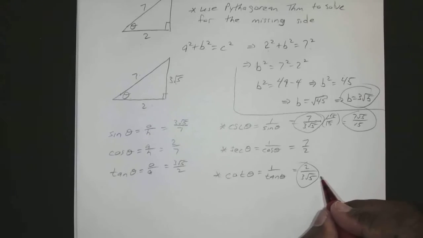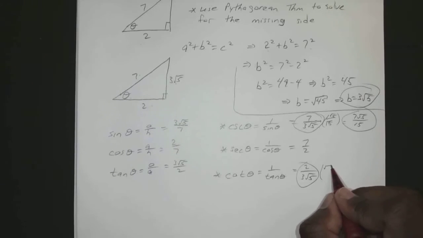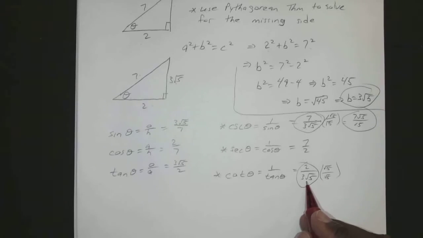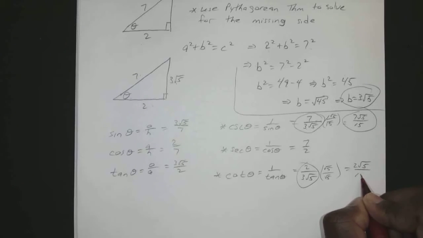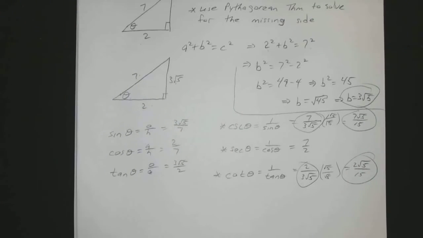And again, if they wanted you to rationalize the denominator, that would be 2 square root of 5 over 15. All right, so any questions on that one?